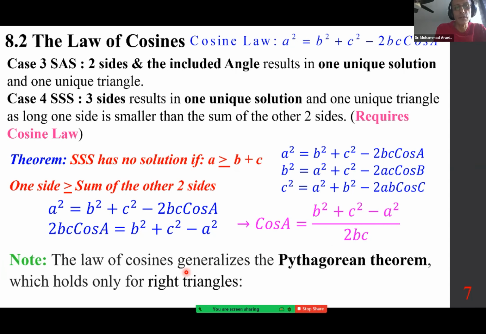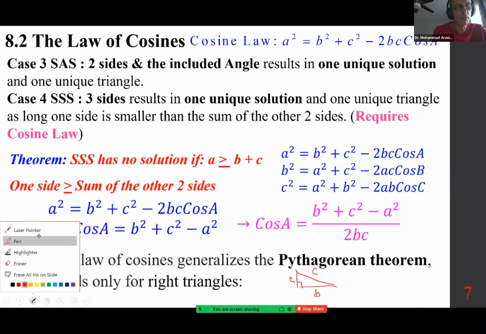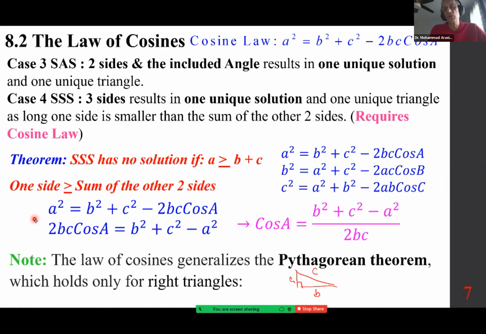And here's the interesting part. The law of cosines generalizes the Pythagorean theorem, which holds only for right triangles. So if you look at, for example, this one, c squared is a squared plus b squared, as the Pythagorean theorem says.